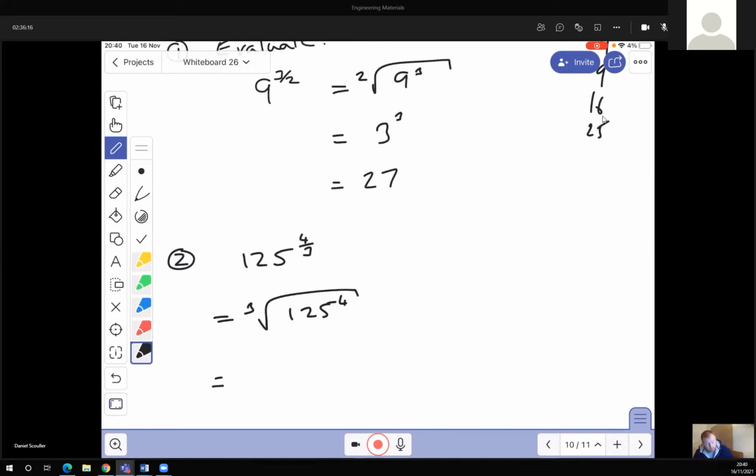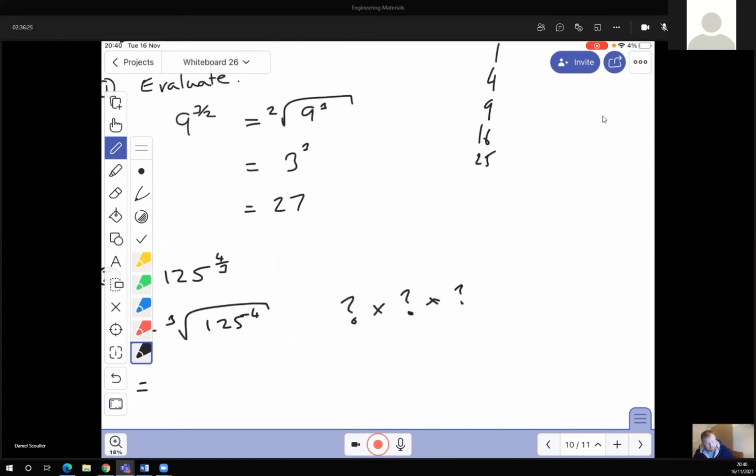So we're looking for a number that multiplies together 3 times that equals 125.